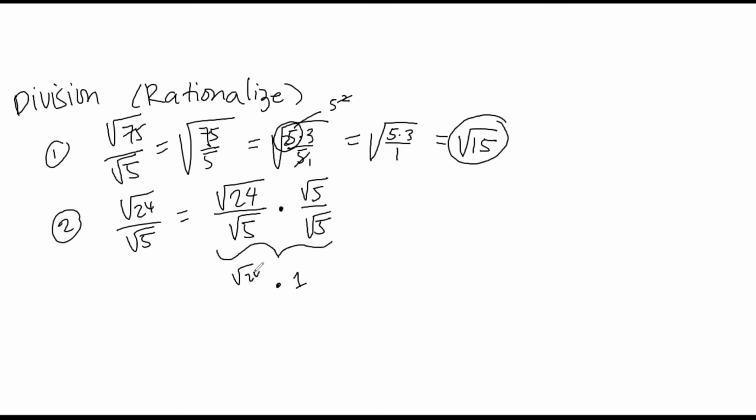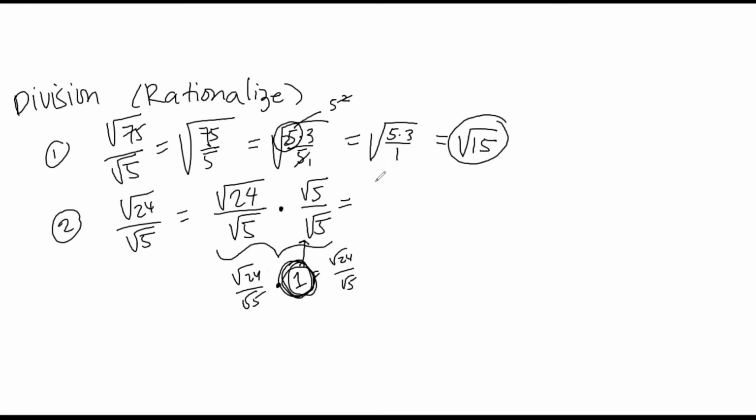So root of 24 over root of 5 is still root of 24 over root of 5. However, this value of 1 is equivalent to root of 5 over root of 5. Hence, we try to multiply numerator to numerator, denominator to denominator.